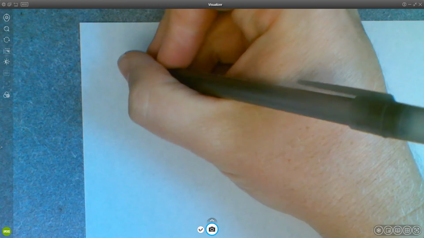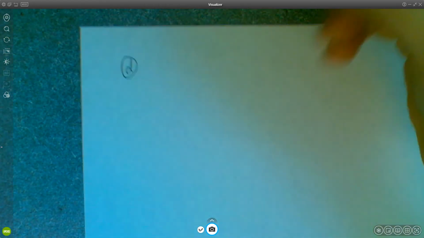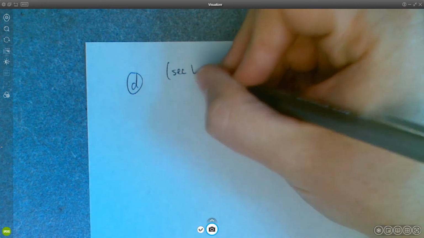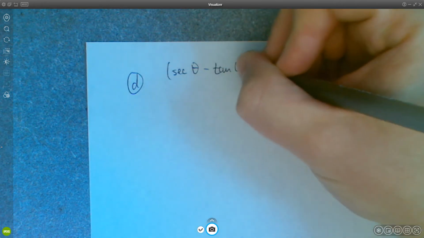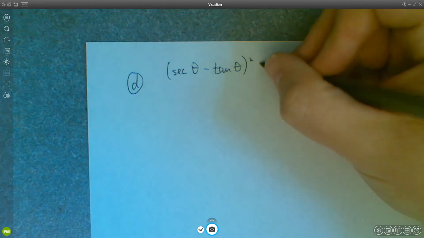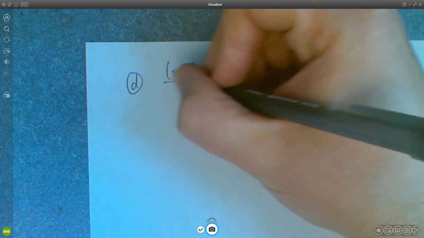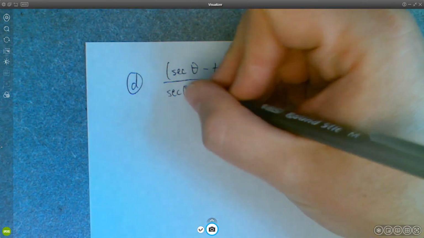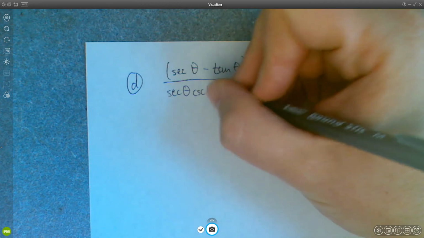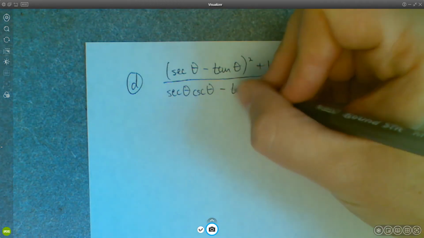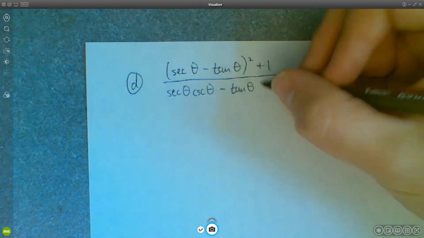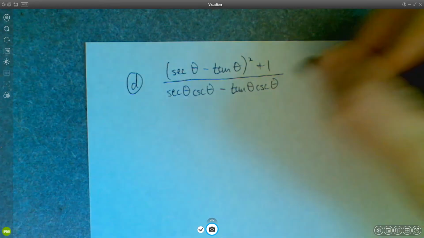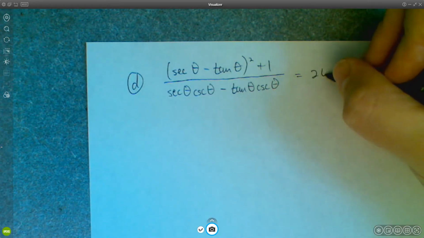Two more. Okay, this one looks like kind of a monster. Let's see. So we've got secant theta minus tangent theta squared plus 1 over secant theta cosecant theta minus tangent theta cosecant theta, equals 2 tangent theta.